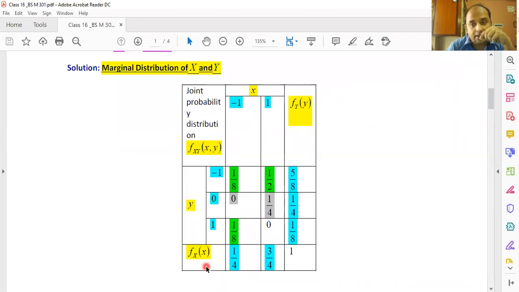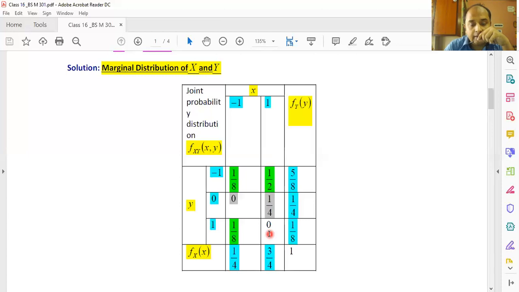Therefore, it is similar to the definition which I have already stated, that the marginal distribution of the random variable capital X is the sum of the joint probabilities, and the summation is taken over all possible values of Y. So we are adding these figures and we are getting 1 by 4. And for X equals 1, we are again getting the marginal probability of the random variable X, and that is 3 by 4, by adding these two terms.